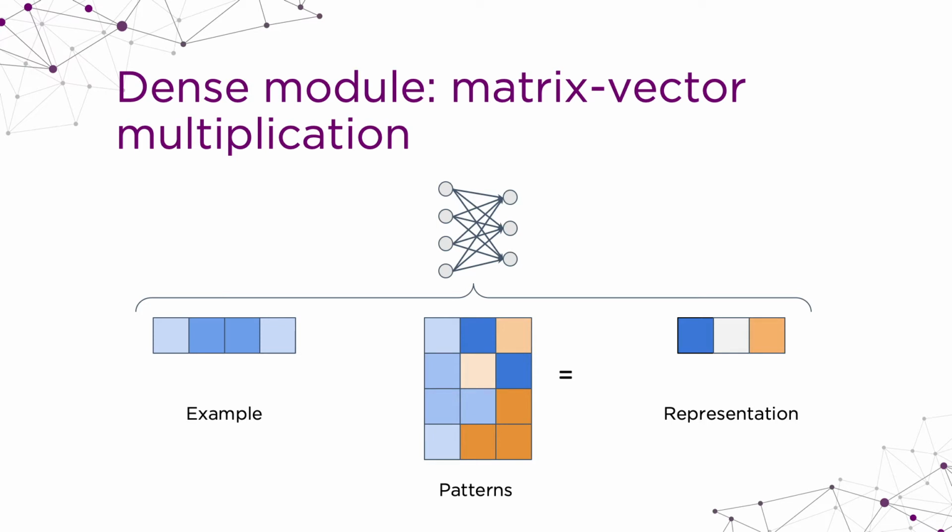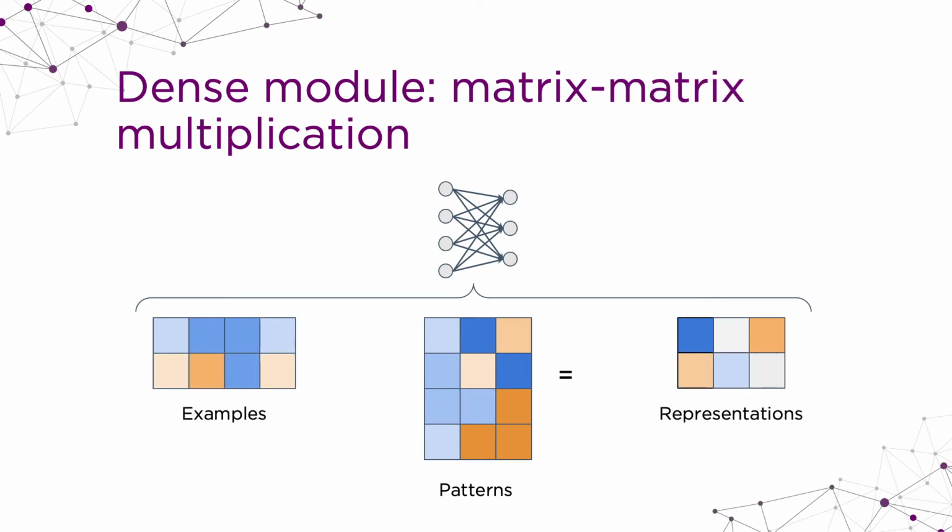And since I still have 1 degree of freedom in linear algebra, I can add some examples here to go from a vector to a matrix. So here I have 2 examples that I have stacked. It's a 2x4 matrix times a 4x3 matrix.